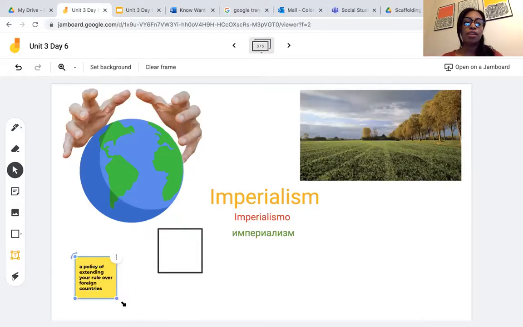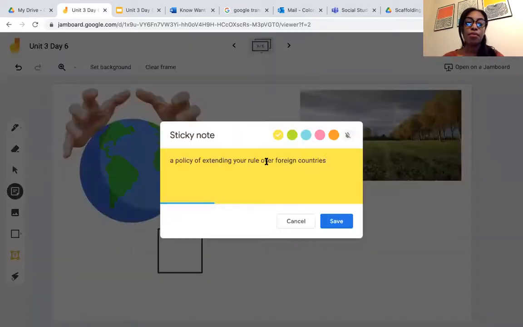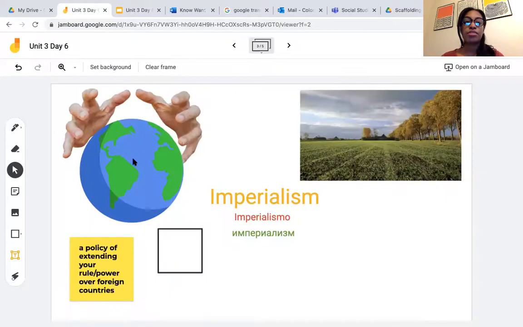And then you want to explain to the students, once they have inferred what they think imperialism means, it is a policy of extending your rule or power over foreign countries, right? That's why we have the world. So kind of taking over, right? This is why that visual shows us that.